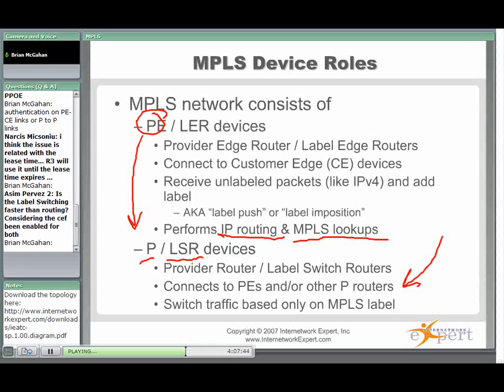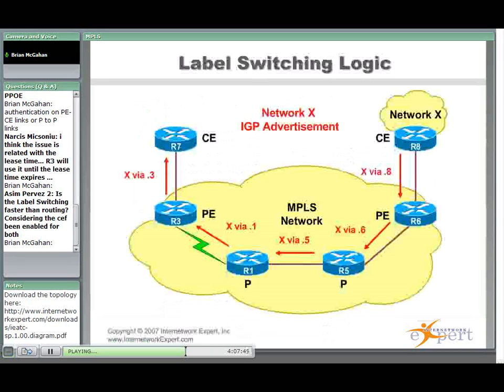So the main savings that we're going to see when we look at the different resources being used on the networks is going to be on these P routers. The provider routers do not necessarily need to run BGP in order to provide BGP transport, because instead of doing IPv4 lookups, they're going to be doing their lookups based on the MPLS label. Okay, so everything is going to be based on that label forwarding information base, the LFIB, on the P routers.